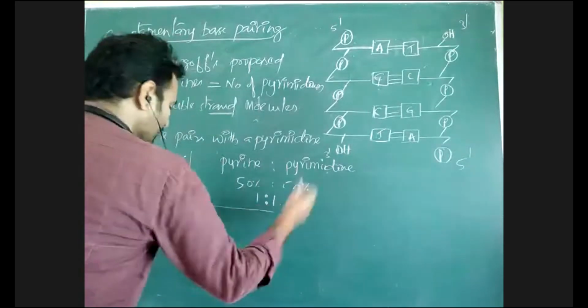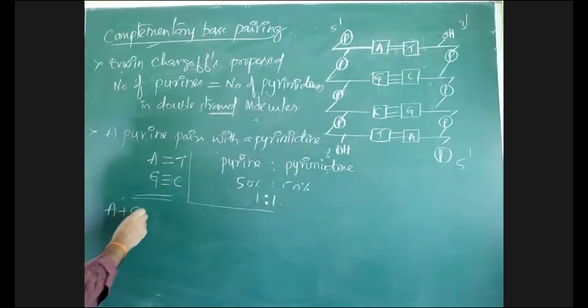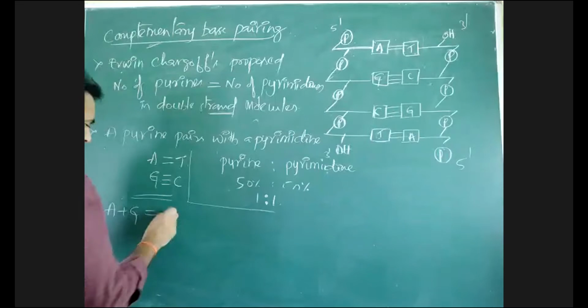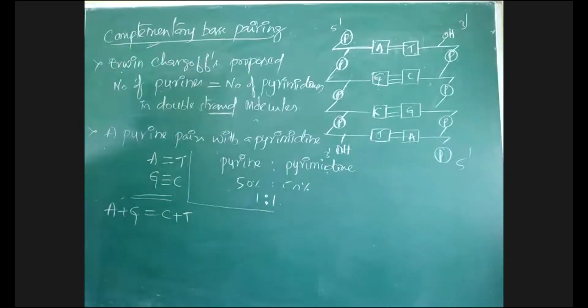Now you can write that: A plus G is always equal to C plus T. That is Chargaff's law. Chargaff's law explains that the number of purines is always equal to the number of pyrimidines. A plus G should always equal C plus T. That is very important.